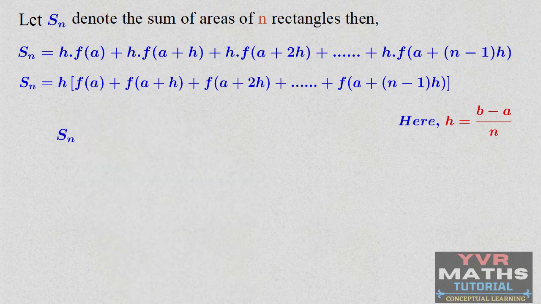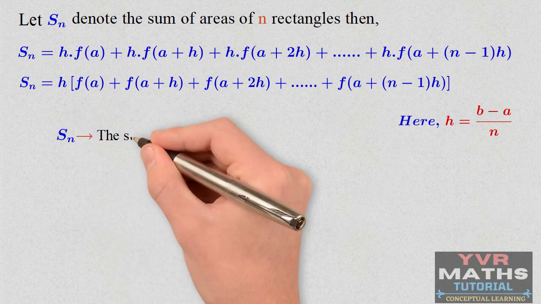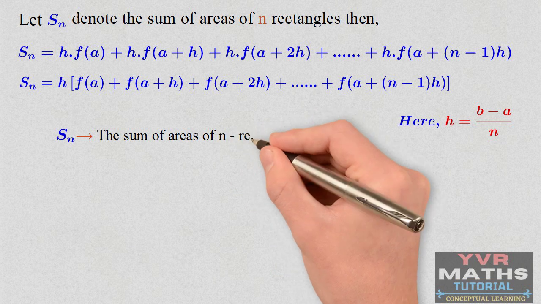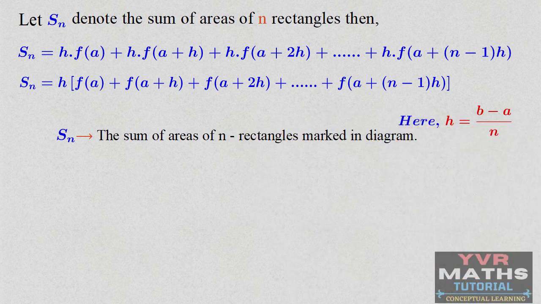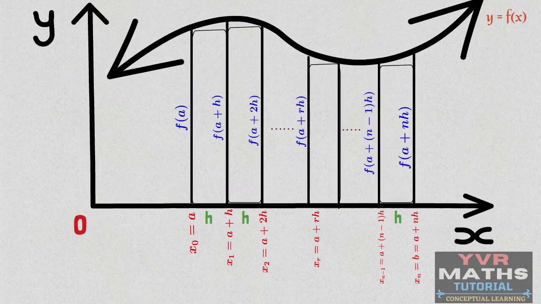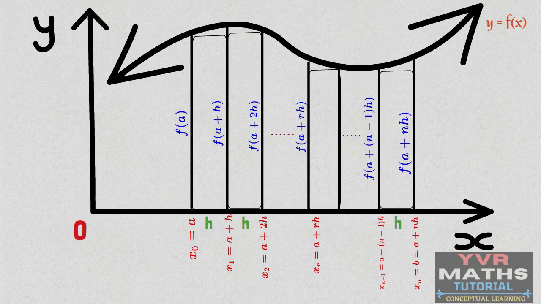Here what is Sn? Sn is the sum of areas of n rectangles marked in diagram. Now observe the diagram clearly. If Sn is the sum of areas of n rectangles marked in the diagram, then the union of these rectangles is approximately the region between the curve and x-axis.